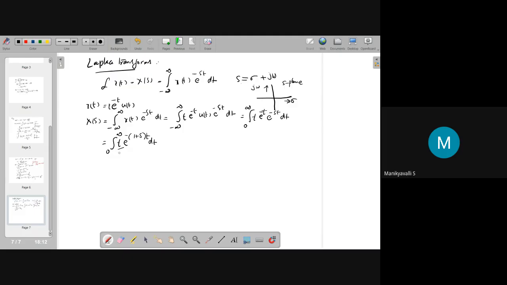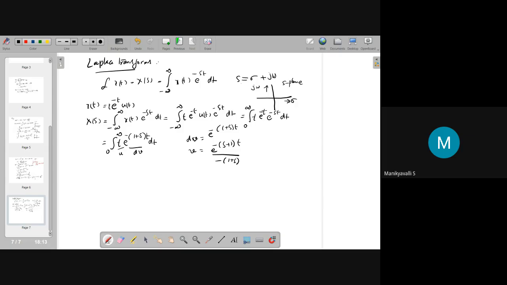This is your U and this is your dV. That means dV equals e to the power of minus of 1 plus s t dt. Then your V will be e to the power of minus of s plus 1 t by minus of 1 plus s.